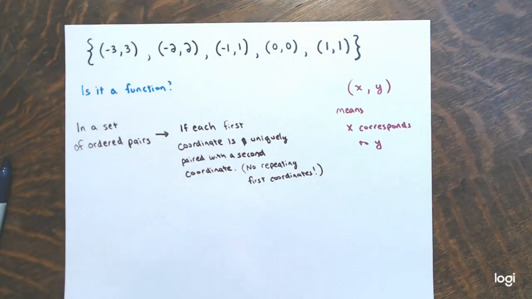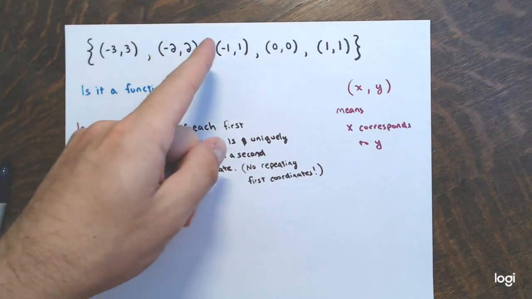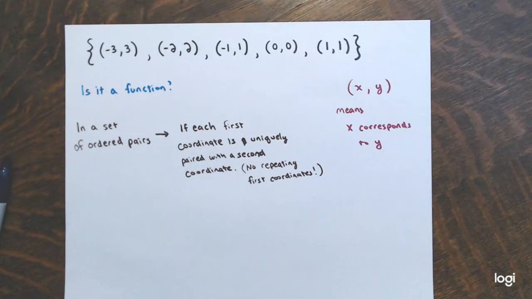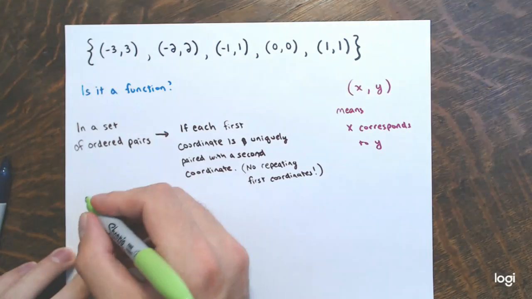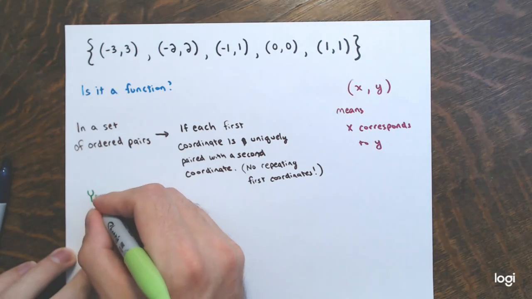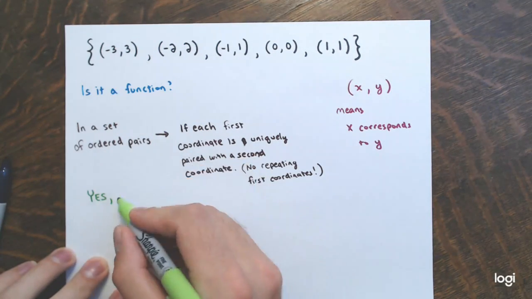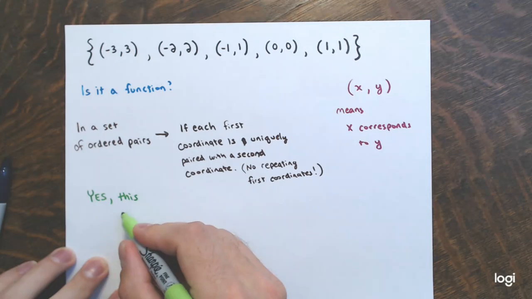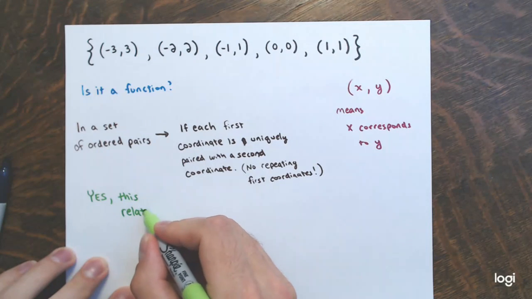This is a function. Every single first coordinate corresponds to exactly one second coordinate, exactly one element in the range. So yes, this relation is a function.